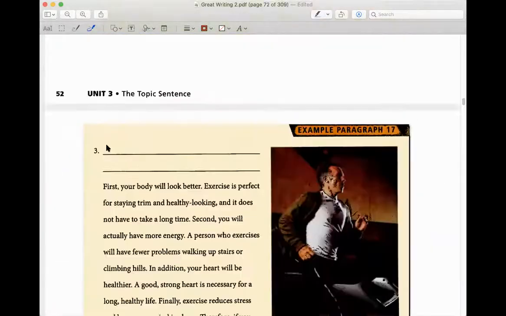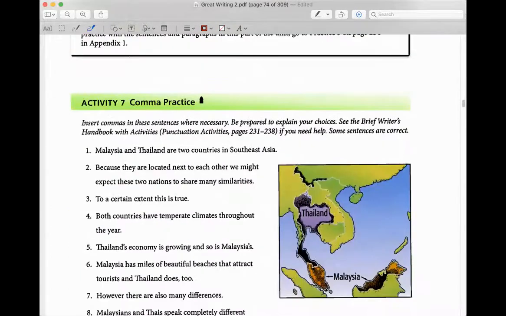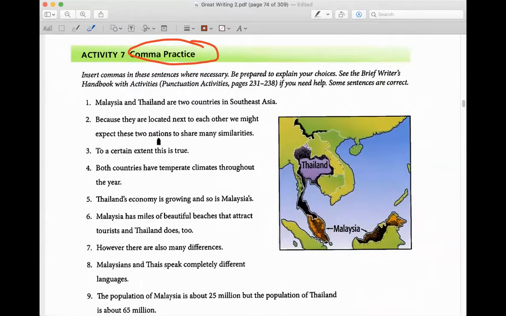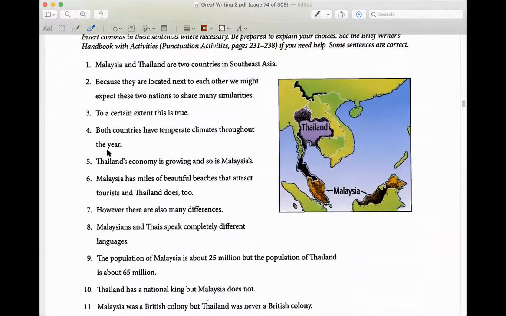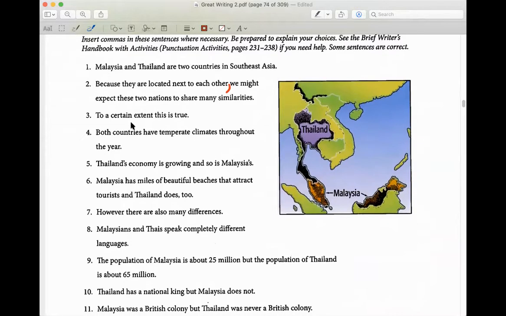Let's move along here. Commas, make sure you can use commas correctly for our grammar here. So remember when you have a list or to break up this sentence, so because they are located next to each other, we might expect these two nations to share many similarities.